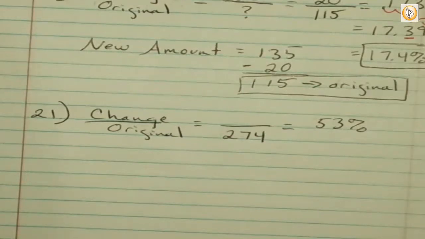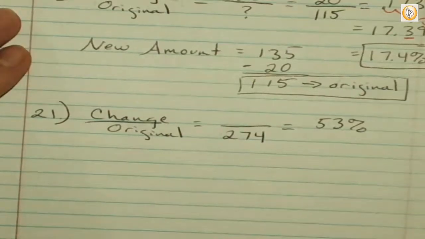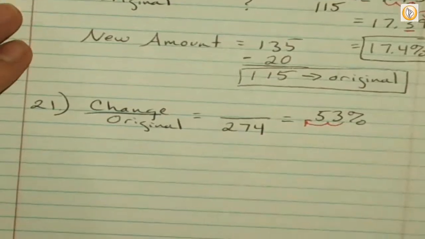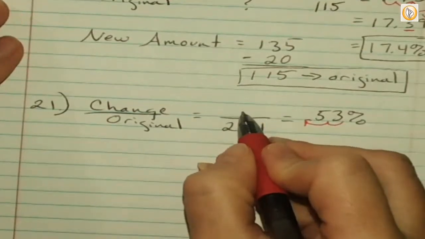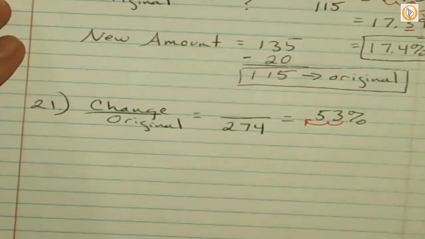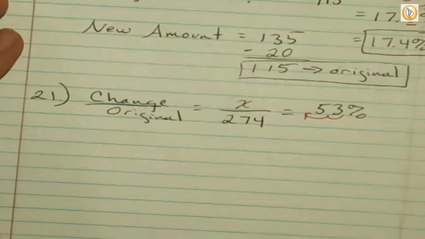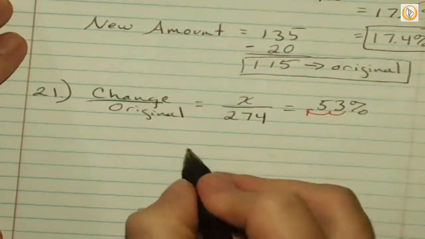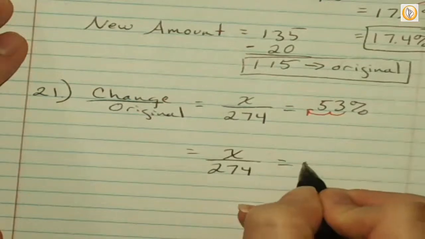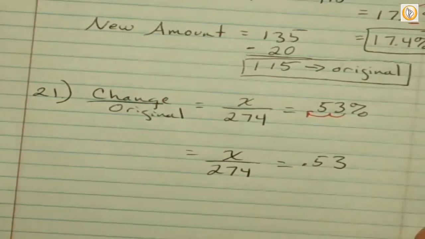Anyone want to guess what I could do? Morgan? Change the percent to a decimal and multiply. Change the percent to a decimal, but we don't know what this is. By the way, what could I call this up here? So now I have x divided by 274 equals 0.53.